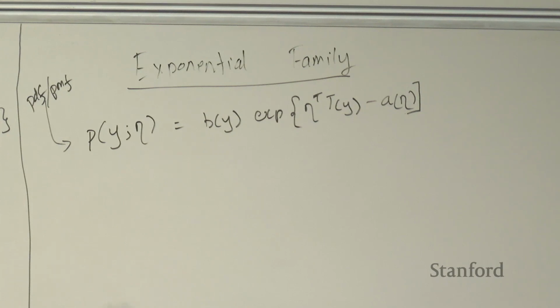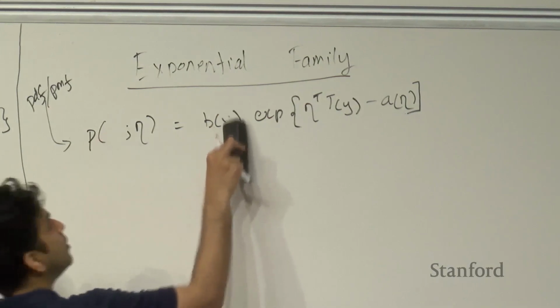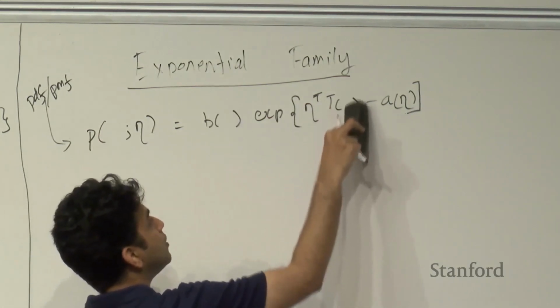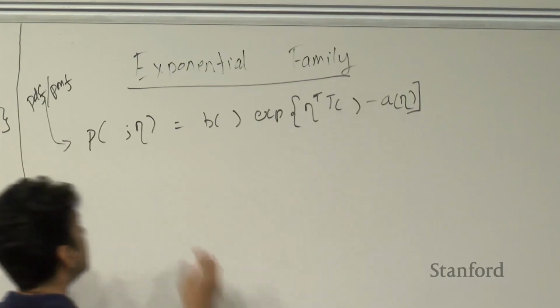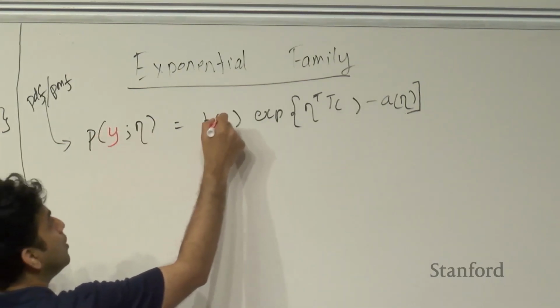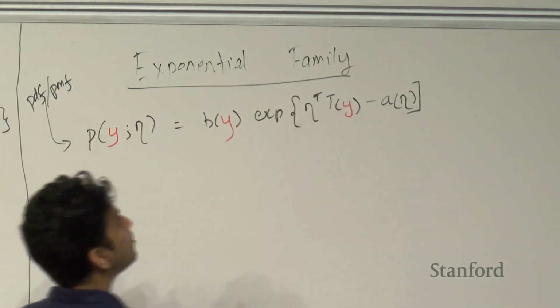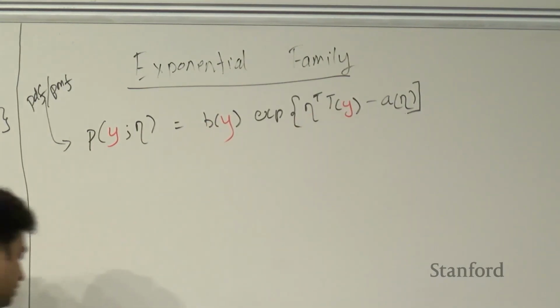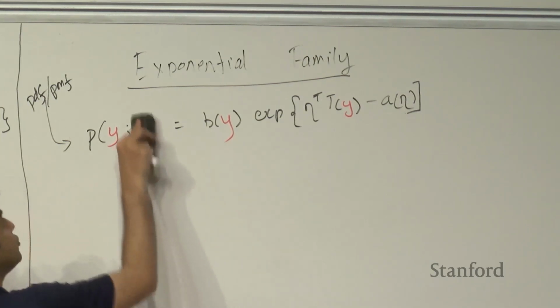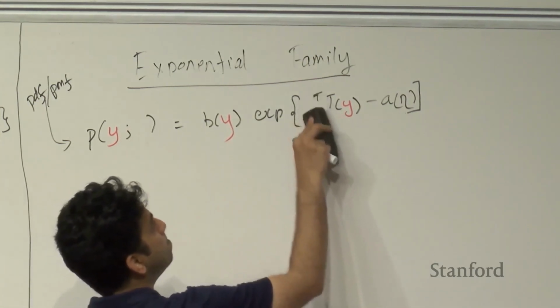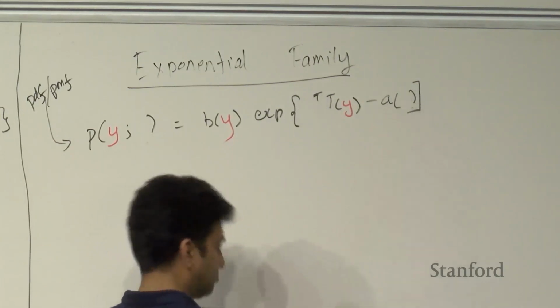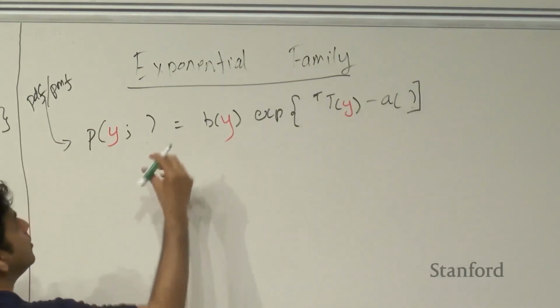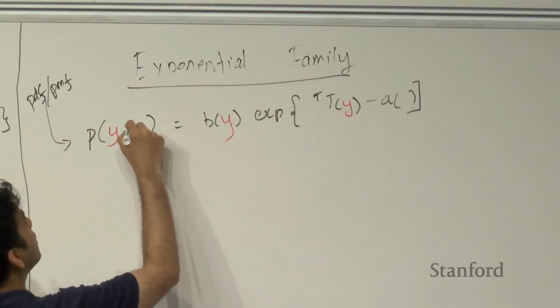Let's add some color to this. The data on which probability is defined, let's call it y. And the parameter of such a distribution, call it eta.